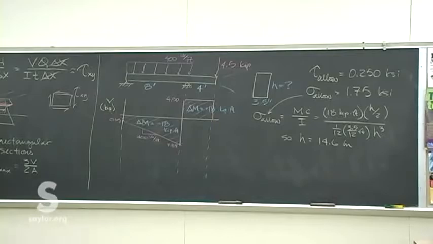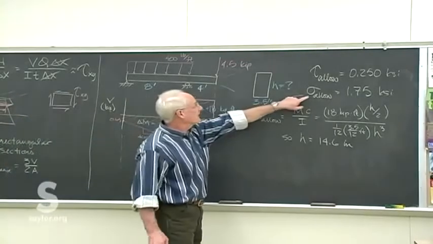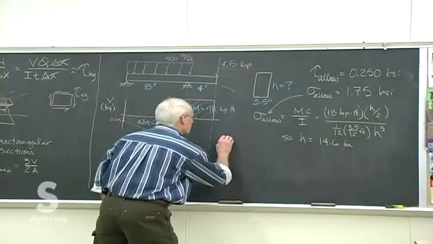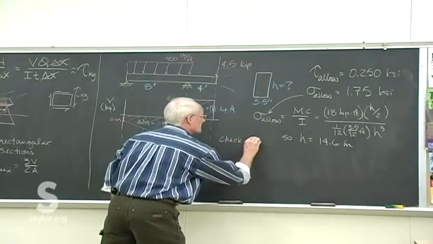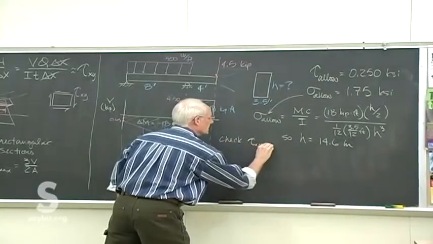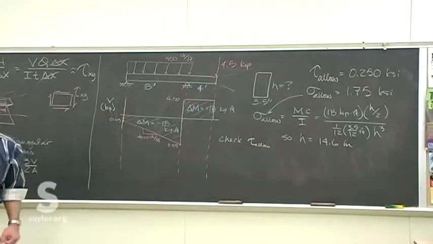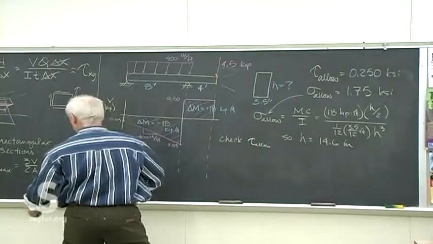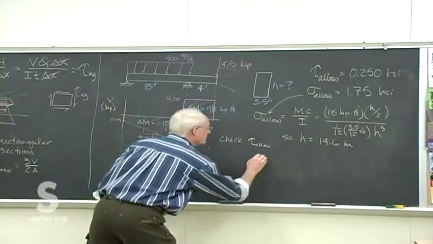So we need a beam to resist the bending failure of at least 14.6, but now we'll check the allowable shear stress and see if we're okay with that. And that's 3V over 2A.